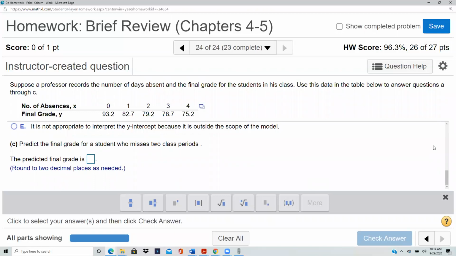And where are my choices? Oh, something is different. Predict the final grade for a student who misses 2 class periods. Now, when they use the word predict, then you don't look it from here because I can see right away that for 2 class periods, it's 79.2, but that's the exact value. That's not the predicted value. So when they say predict, you always have to do it from the model, from the equation that you got.